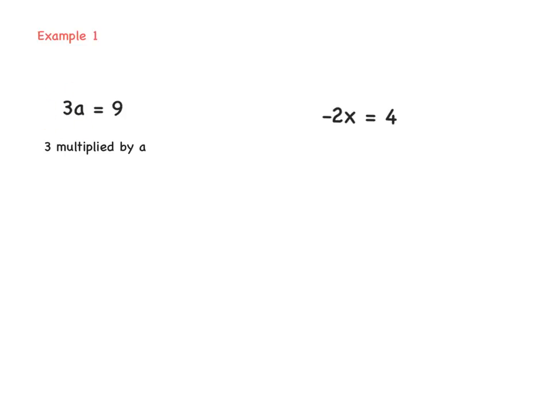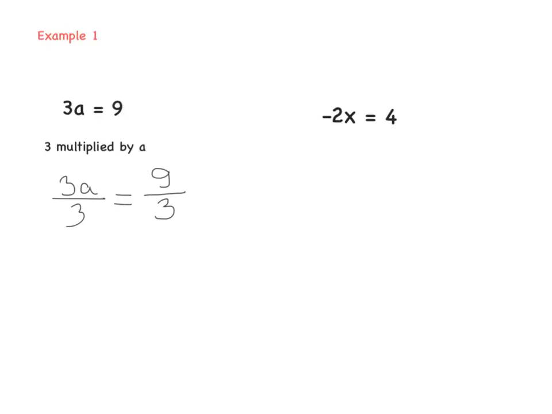So let's do it. 3a divided by 3 equals 9 divided by 3, and the same, keep it in balance. Whatever we do on the left side, we need to do the same on the right side to keep it in balance. Don't forget, it's really important. If you don't do it, you will solve it wrong. That's the most important thing when solving an equation.